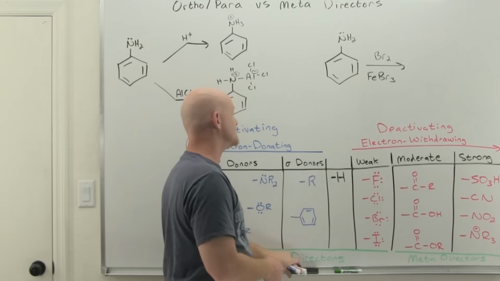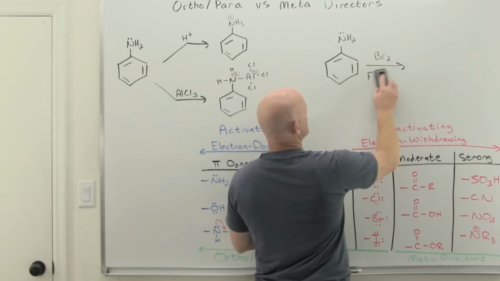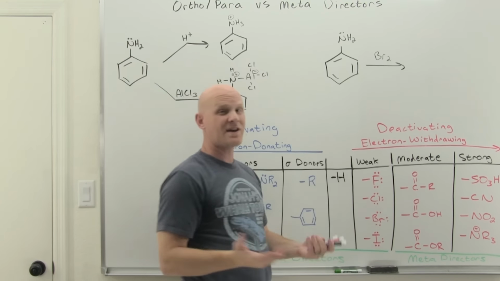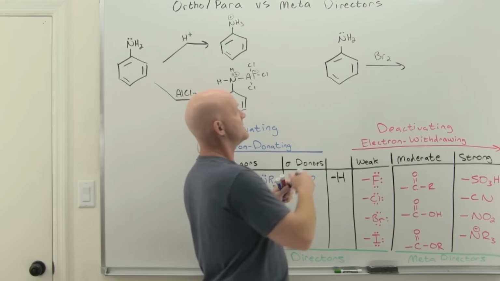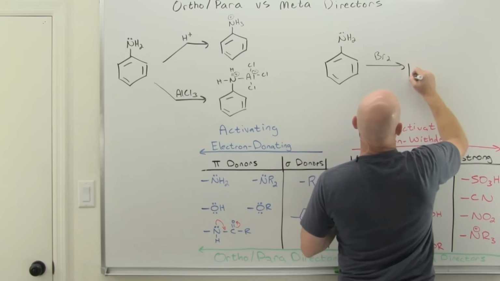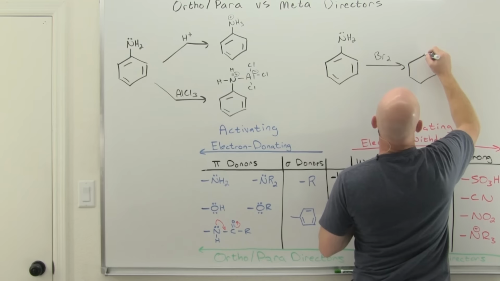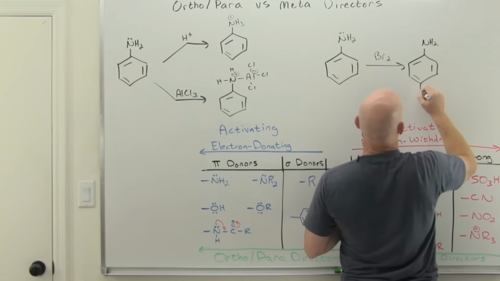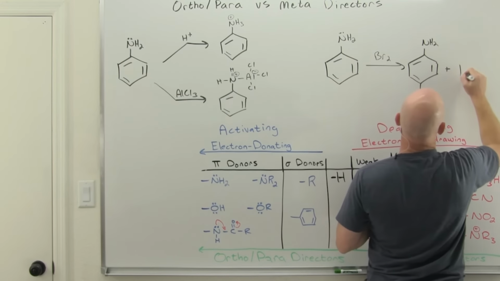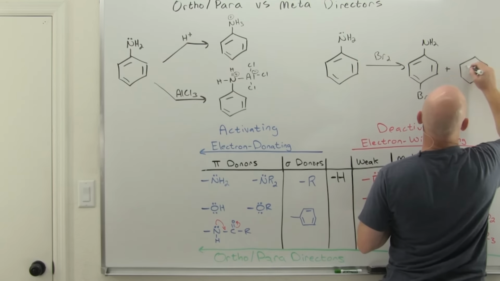And so what we often do with the aminobenzenes is we just leave out any sort of Lewis acid catalyst in most of the reactions, and they work typically just fine. And so in this case, it now happens at both the ortho and para positions.